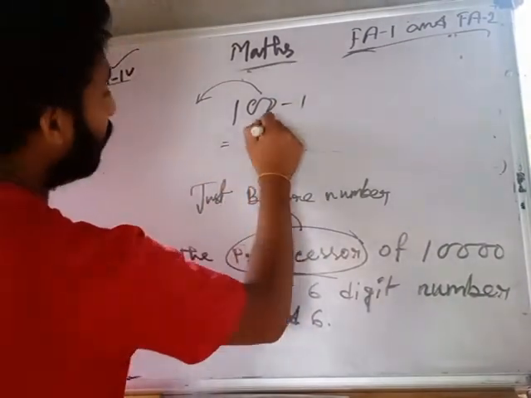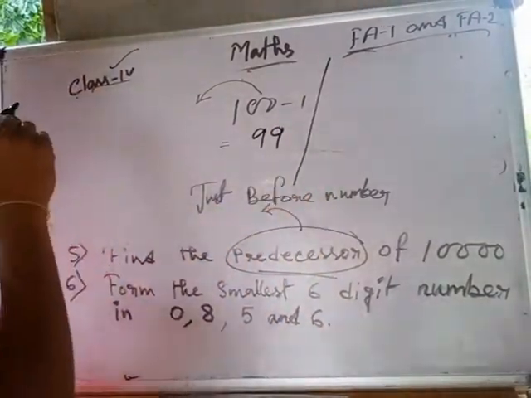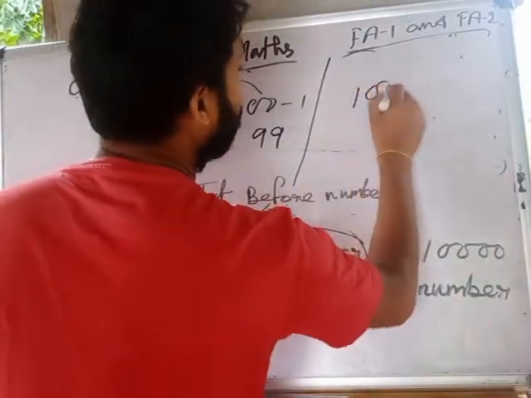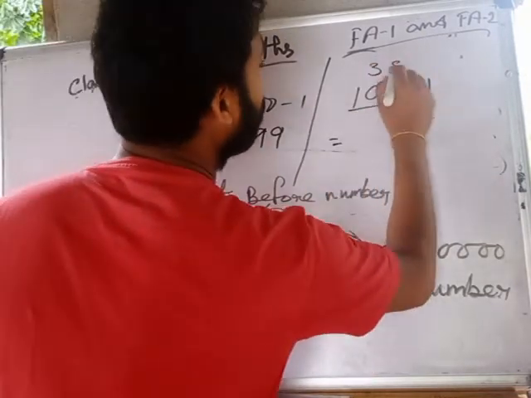Okay, also it is 99, but there is a different process here. Minus 1. How many digits? 3 digits, the smallest number.